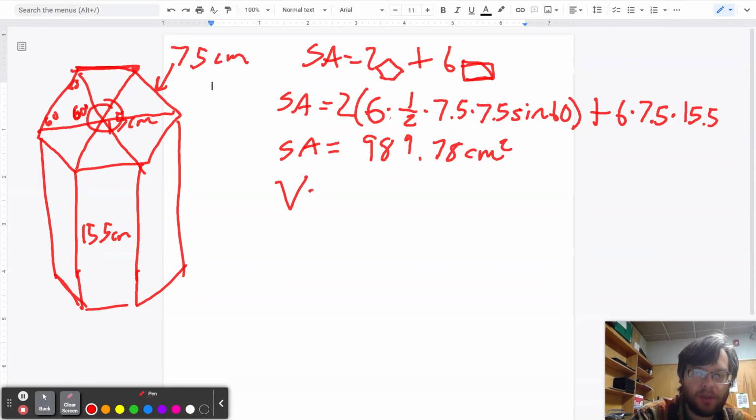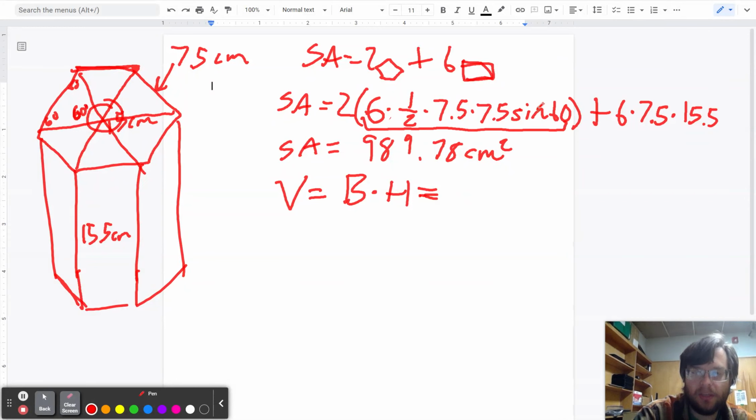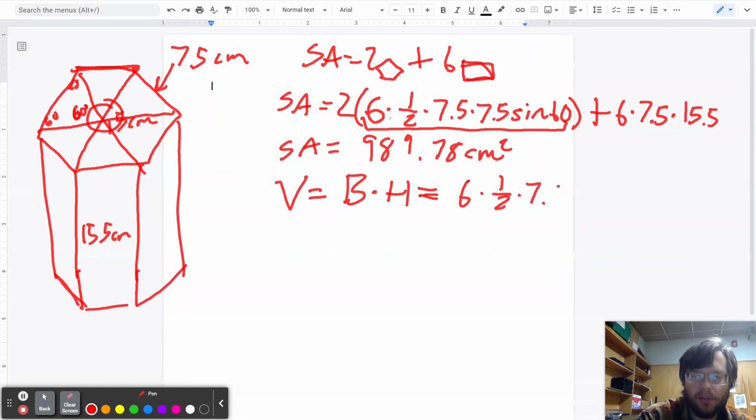The volume of this shape is going to be base times height. So we need to find the area of the base, multiply it by the height. So the base is just this chunk that we just calculated here, six triangles, and the height is the 15.5.